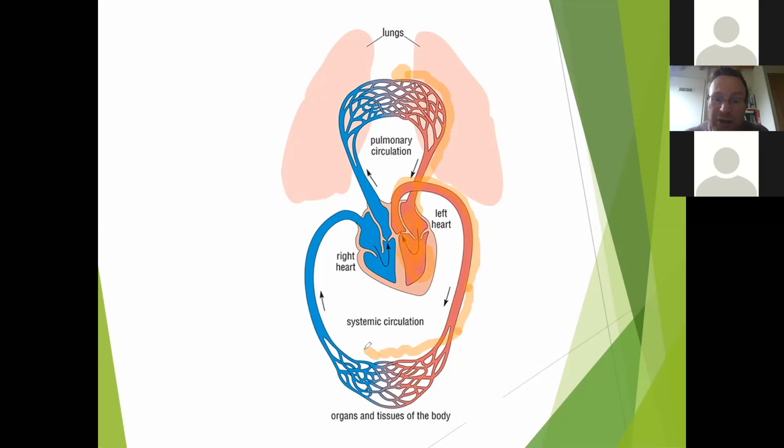Now that deoxygenated blood is finding its way back through our veins to arrive at our right atrium. Right atrium goes through to right ventricle, which passes up to our lungs. So we've got those two continuous systems: pulmonary circulation, systemic circulation.